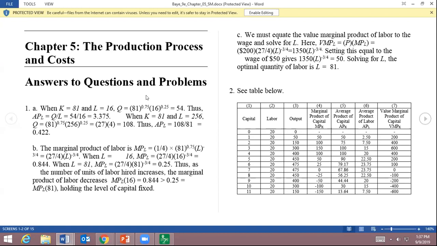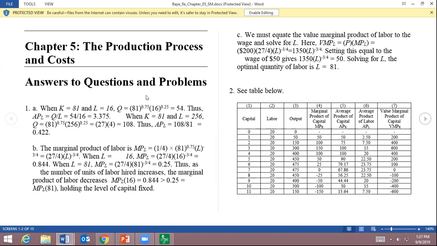All right, let's get to work. So we're told the wage is $50. We're told the price of the good is 200. We're told the capital is fixed at 81. And we're trying to solve for L. It's 81. So what's the only value of L that's going to give us 50?